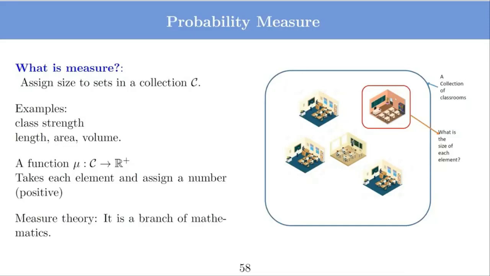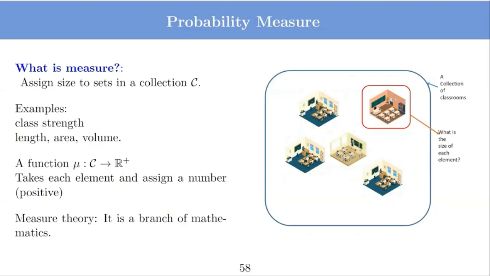We can have other measures also for the same collection. Instead of students, I could look at the floor area of each class and say the size of this class is its floor area, or anything you can assign: number of fans in it, number of instructors for each class, number of TAs for each class, and that will be a measure. What other examples of measure have we seen?